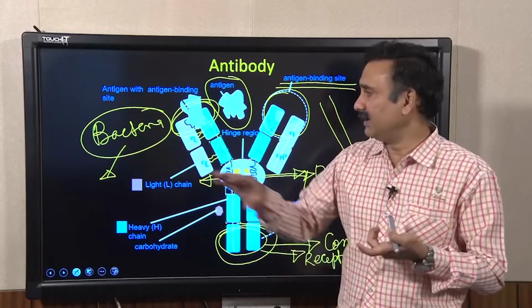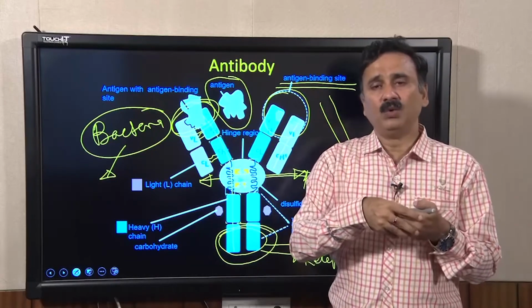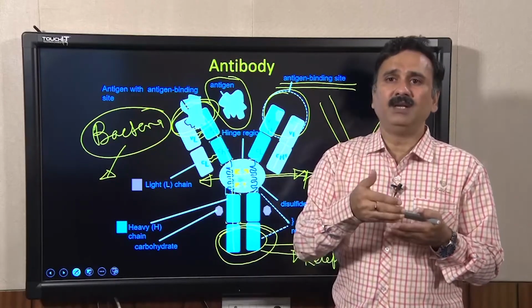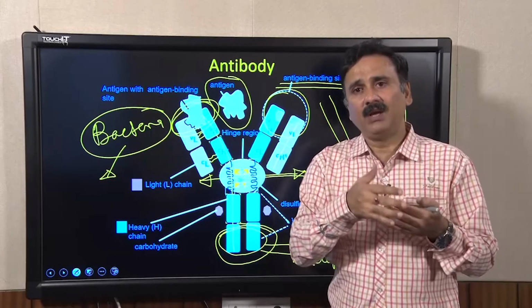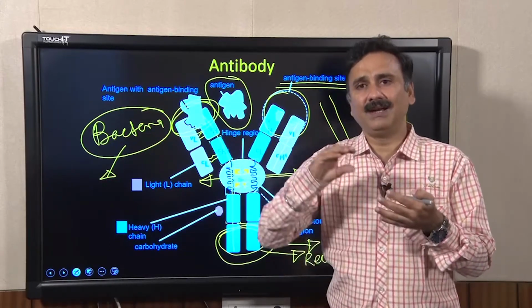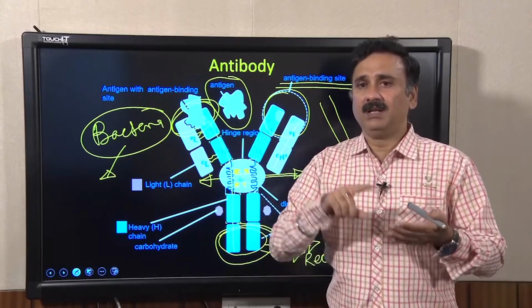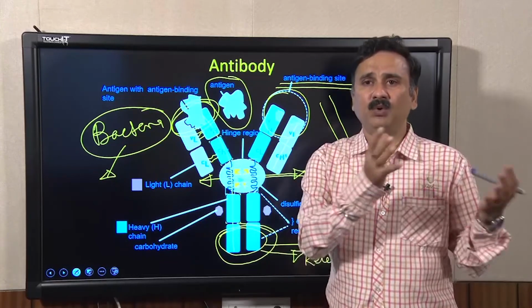Apart from that, this antigen bound antibody is going to bind to the receptors present on the immune cells, and that is how it activates downstream signaling, which could activate a more robust immune response from those cells.